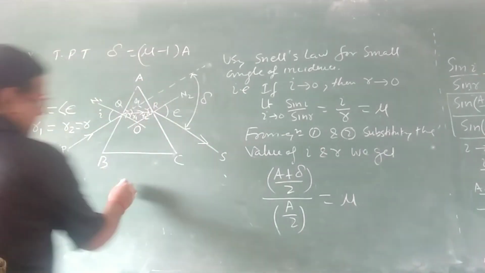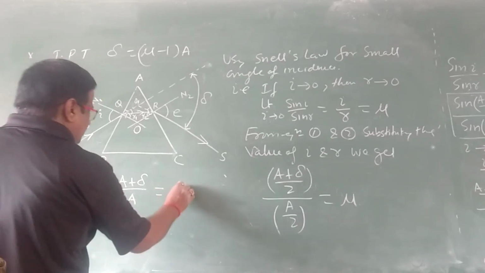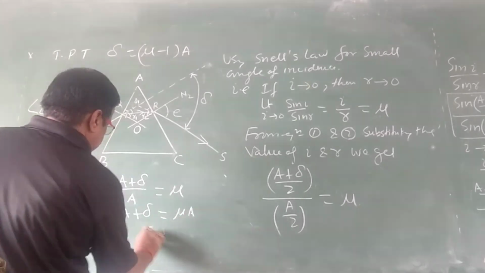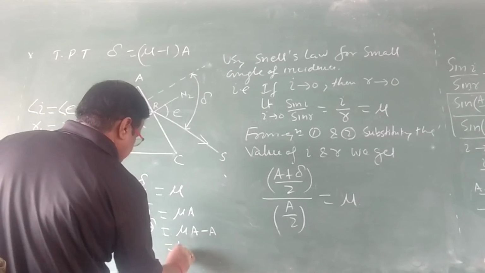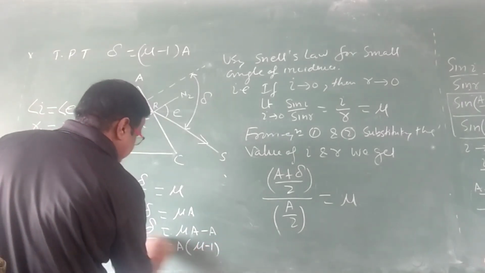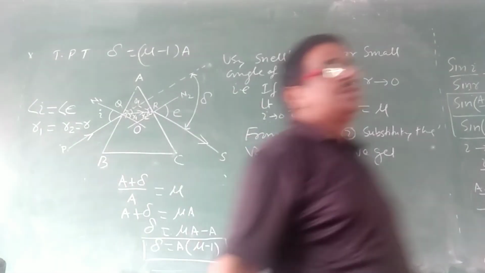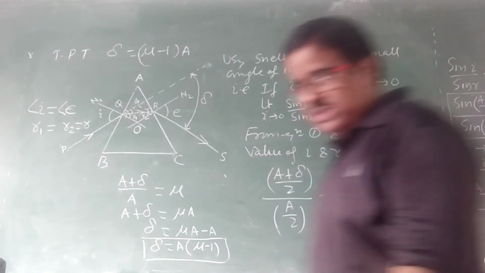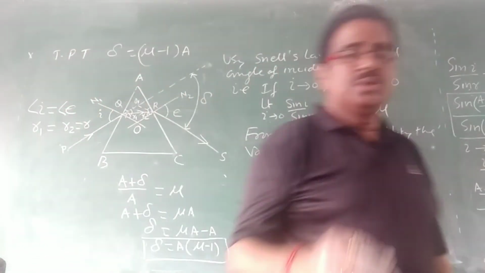So what we are getting here, A plus delta divided by A is equal to mu. So A plus delta is equal to mu into A, delta is equal to mu into A minus A, which is equal to A taken common, mu minus 1, and this is delta, the minimum deviation, and the condition taken is I tends to 0, so the deviation will be minimum. So this equation can also be proved from here, it will be easier to prove.